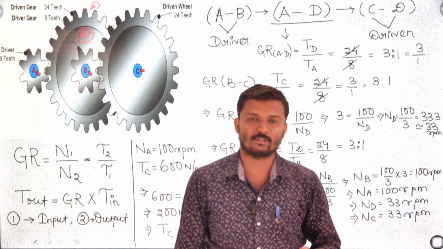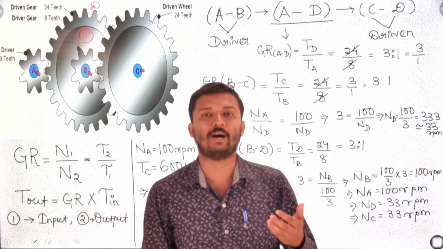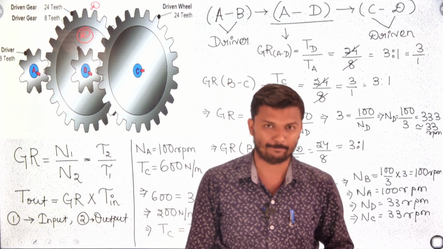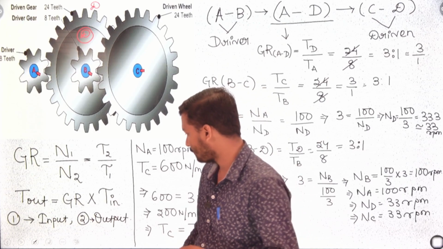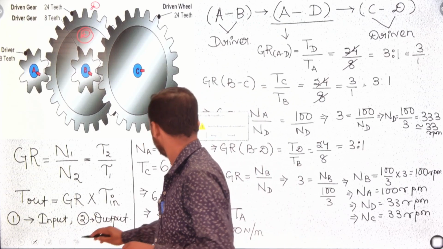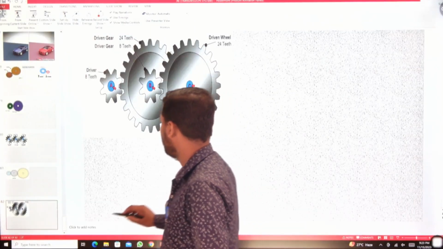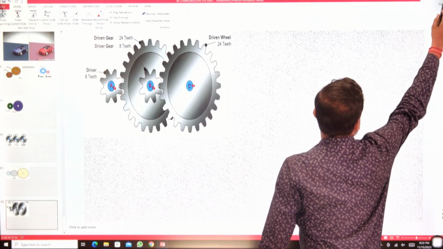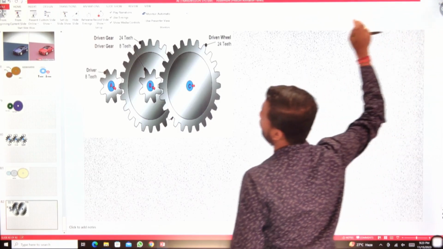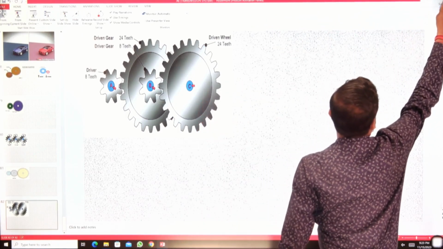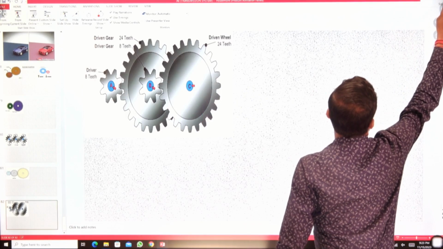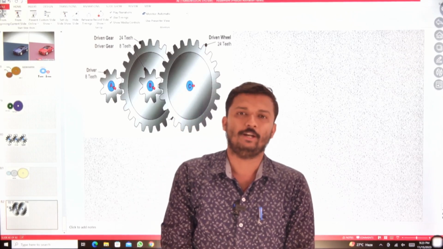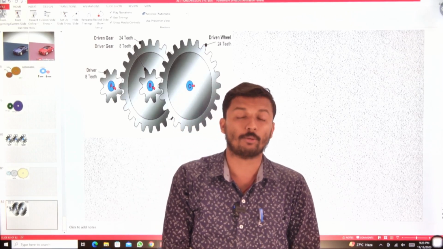In the next class, we are going to discuss a new system of the automobile, the braking system. This braking system is a very important part, because in the braking system we are going to study different types of braking systems by which you are able to stop the vehicle.